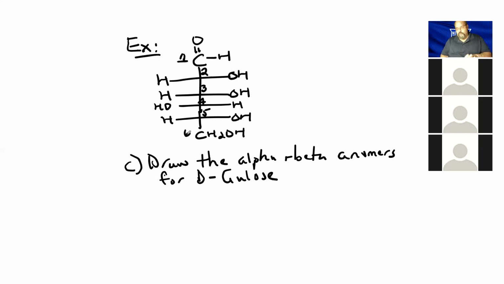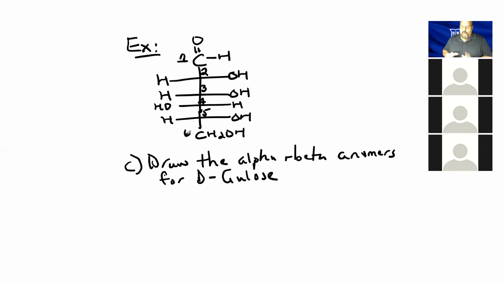Specifically for hexoses, the OH that reacts with the C double bond O carbon, in almost the majority of instances, and for our course essentially all the instances, is the OH on the last chiral carbon. That's the one that's going to be used to react with the C double bond O carbon.